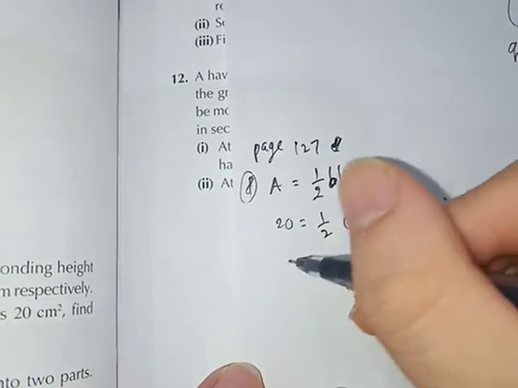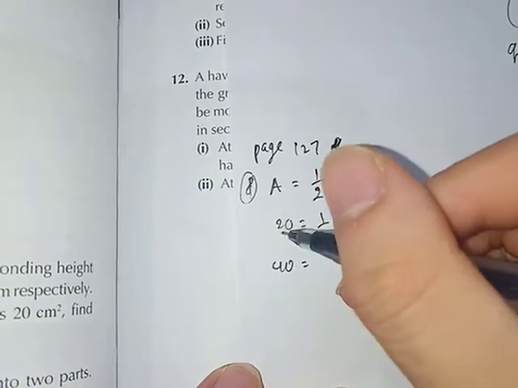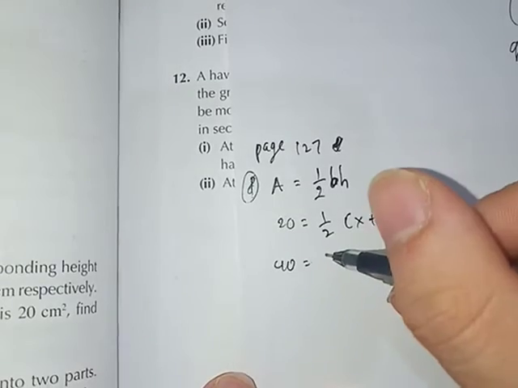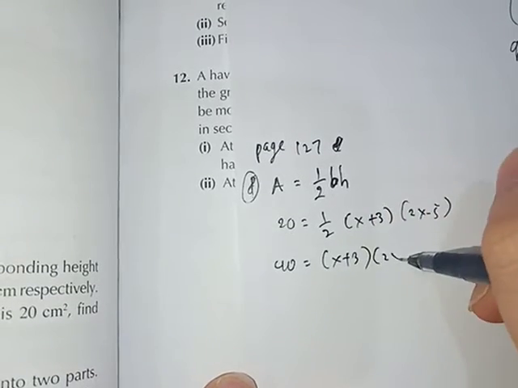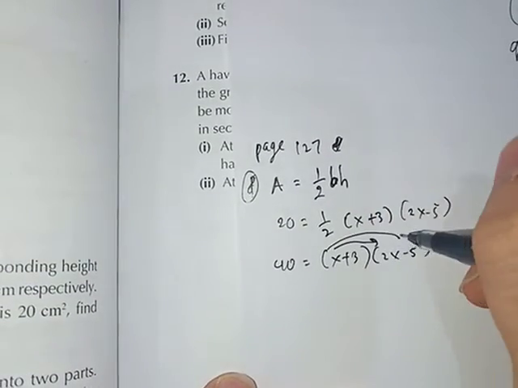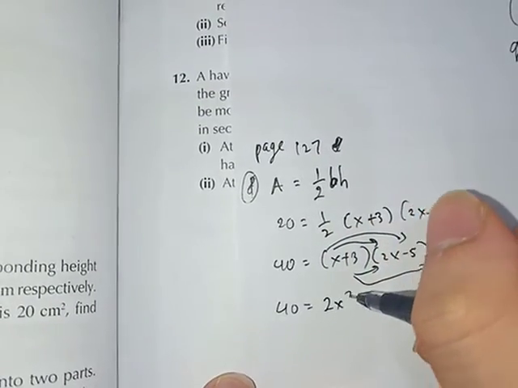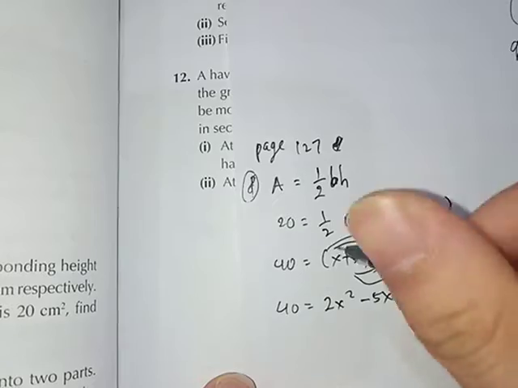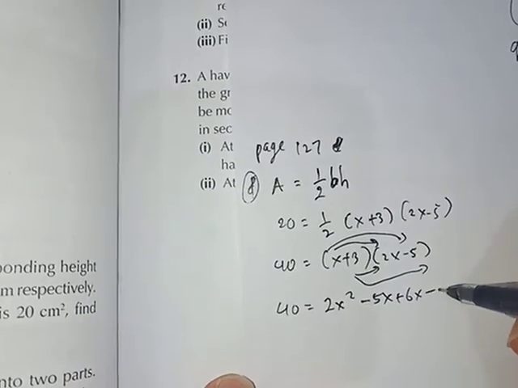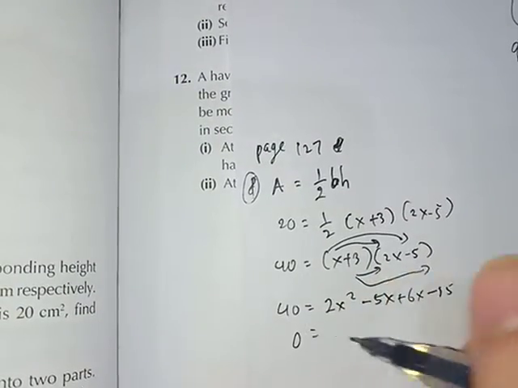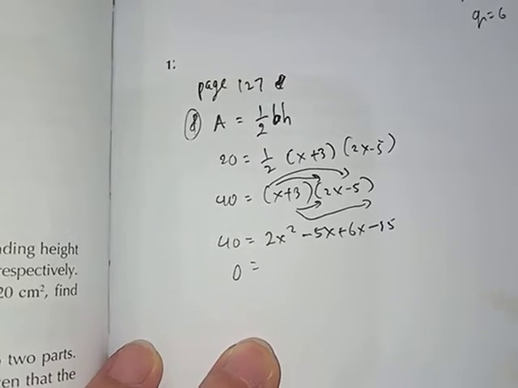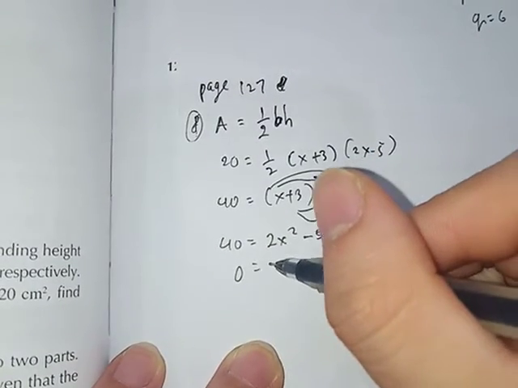Firstly, I can move the 2 here, become 2 times 20, 40. Do the FOIL again. 2x squared minus 5x, right? Plus 6x minus 15.